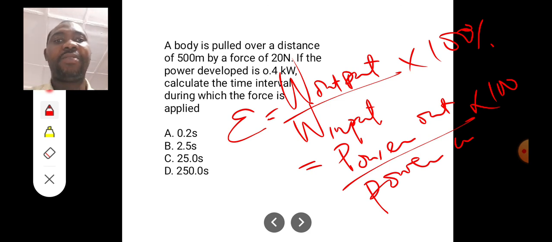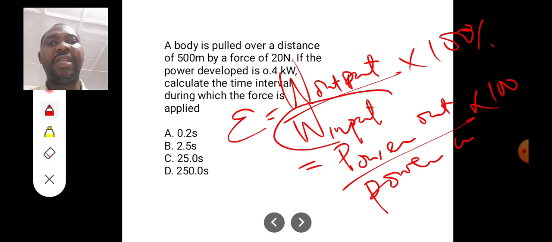Now, you might ask in a question, how do you know power output and power input? Your work output, let me use work for example, is the energy you expended in getting the work done, like potential energy mgh, kinetic energy half mv squared. Work input will usually be given. Work input or power input is the capacity of the engine with which you are doing the work.